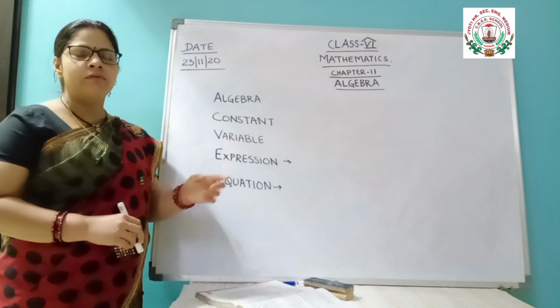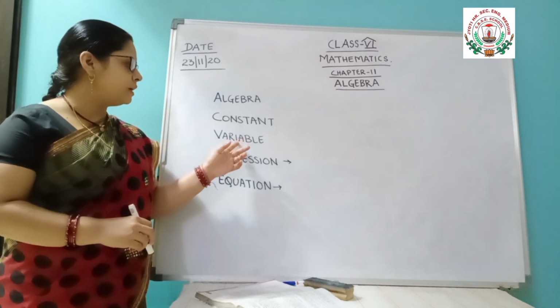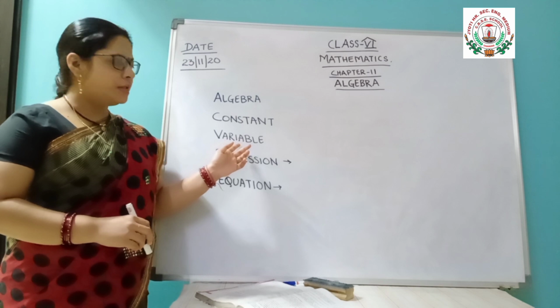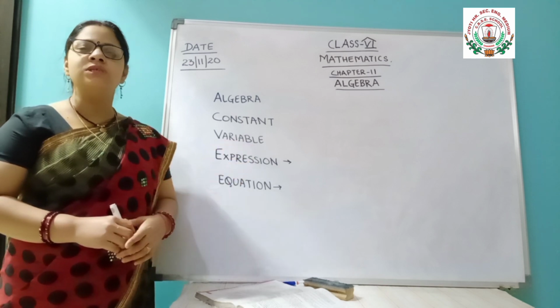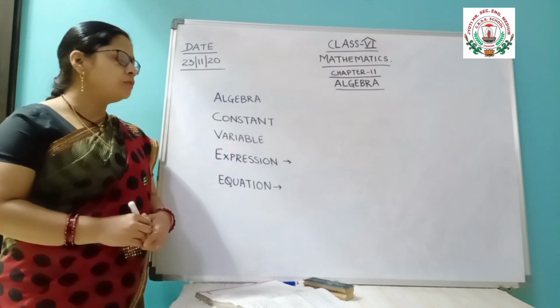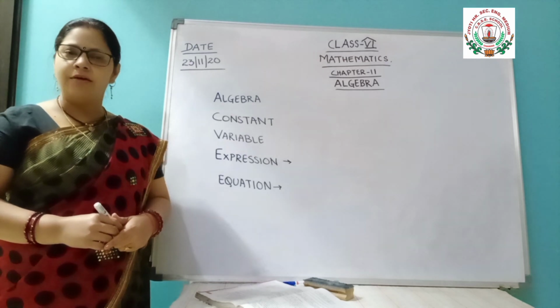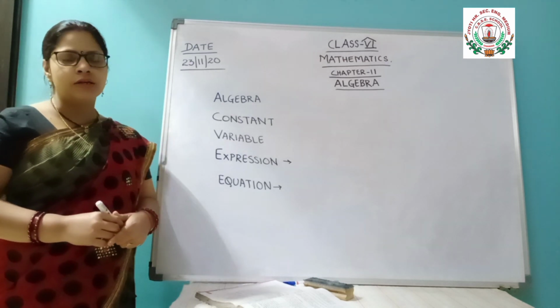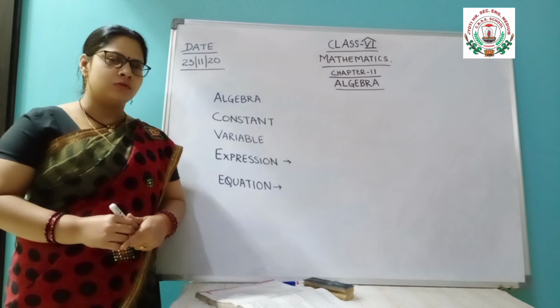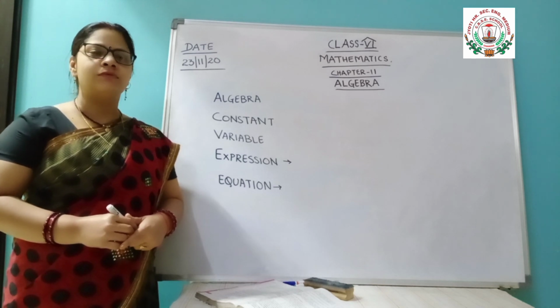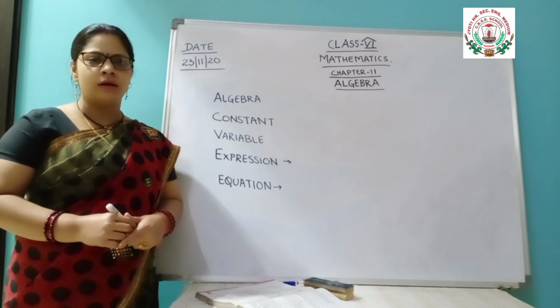Next is the topic variable. Variable means it keeps on changing. For variables we are using the alphabets. Capital letters also you can use, small letters also you can use. Any alphabet from A to Z you can use.